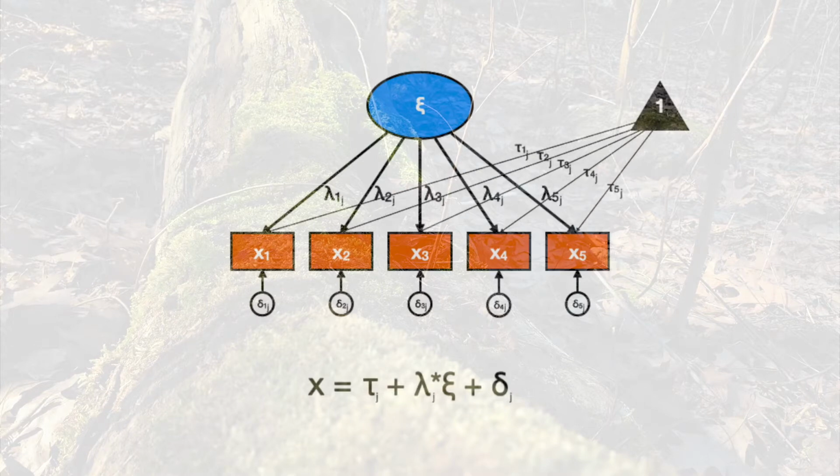Notice that the loadings, intercepts, and errors of this multi-group model all now have subscripts of j to denote that they can vary between j number of groups. Observations from the same group have the same values for these parameters, and they differ from observations from different groups.